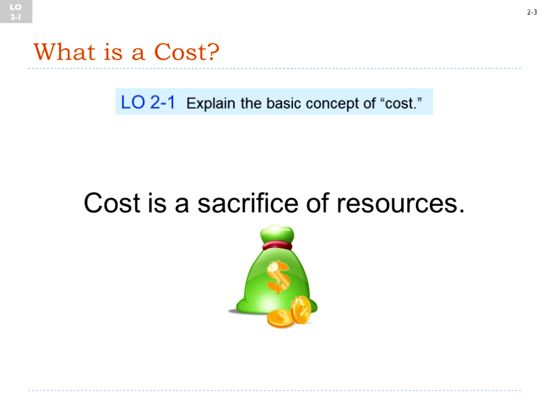So what is a cost? A cost, as the slide says, is a sacrifice of resources. When we buy one thing, we give up or sacrifice the ability to use these resources, for example cash, to buy something else.